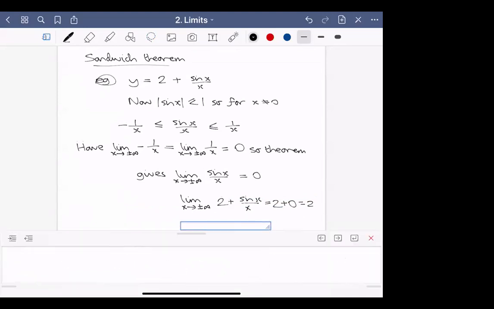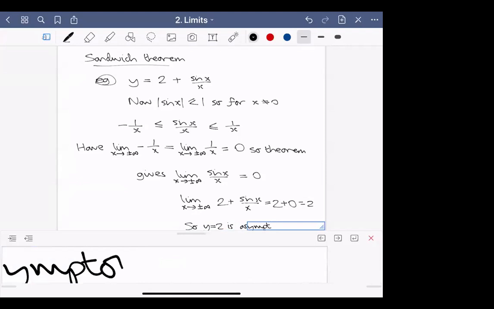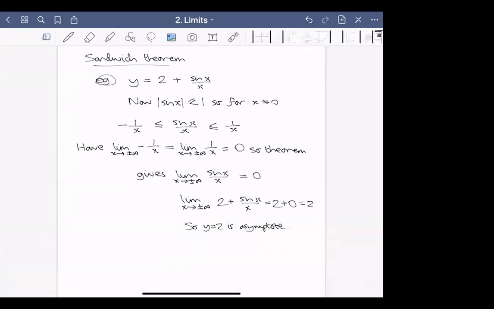So y equals 2 is an asymptote. It looks a bit different to the 1 over x asymptote. It looks like this, the red line here. But we can see that the function approaches this as x goes to infinity or minus infinity.